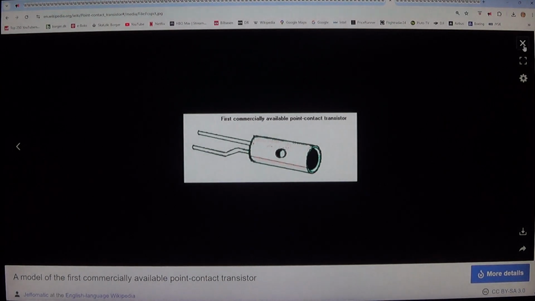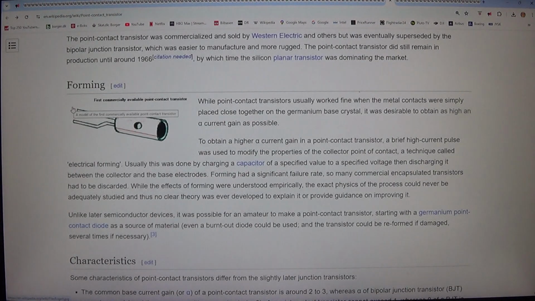While point contact transistors usually worked fine when the metal contacts were simply placed close together on the germanium base crystal, it was desirable to obtain as high an alpha current gain as possible. To obtain a higher alpha current gain in a point contact transistor, a brief high current pulse was used to modify the properties of the collector point of contact, a technique called electrical forming.